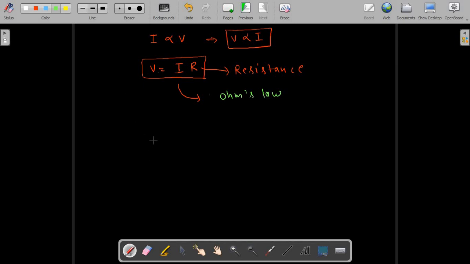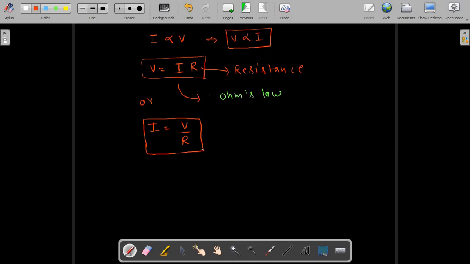V is equal to IR, or we can write I is equal to V by R. This Ohm's law dependency is derived after experimentation.